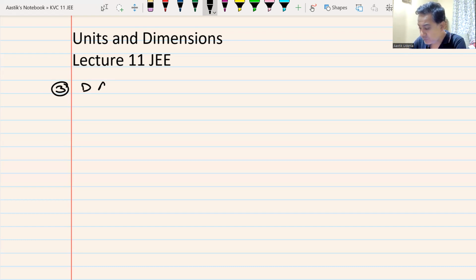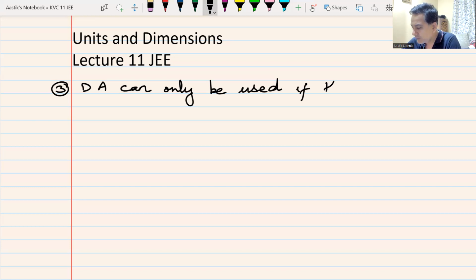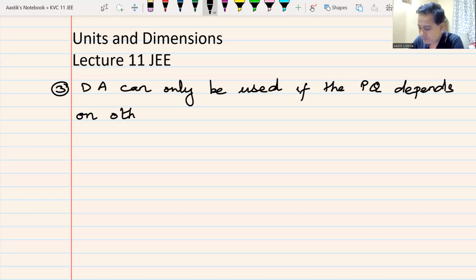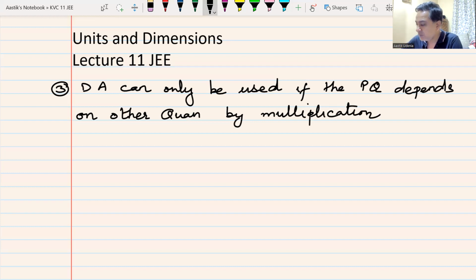Dimension analysis can only be used if the physical quantity depends on other quantities by multiplication or power function only.